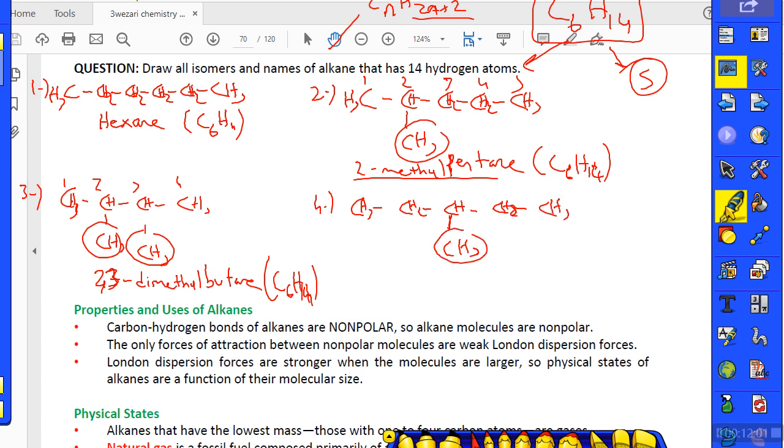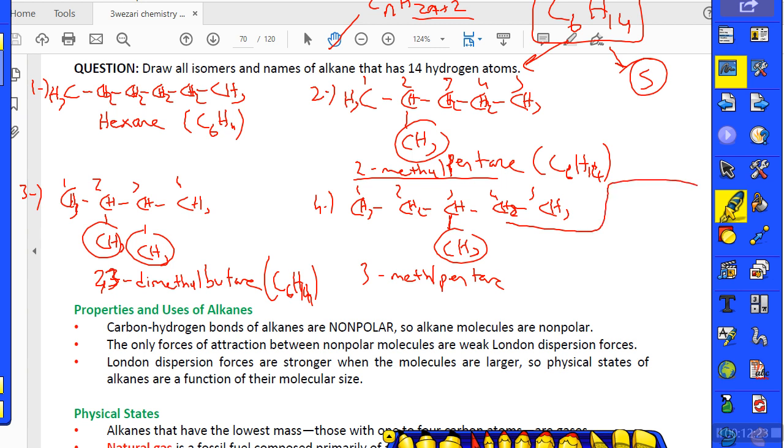What's the name of it? If you check, you will see that 1, 2, 3, 4, 5. It means that trimethyl pentane. It was a 2-methylpentane, and that was a 3-methylpentane. It was one. And what about the fifth one?